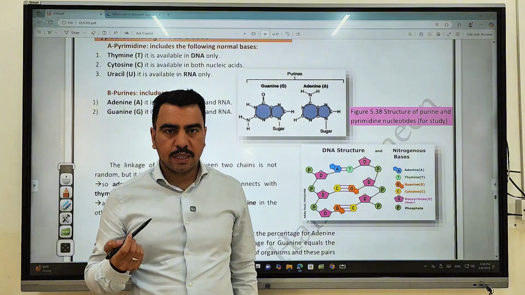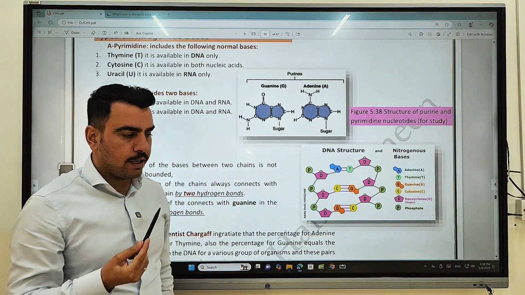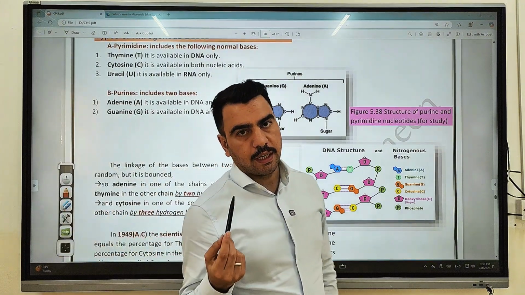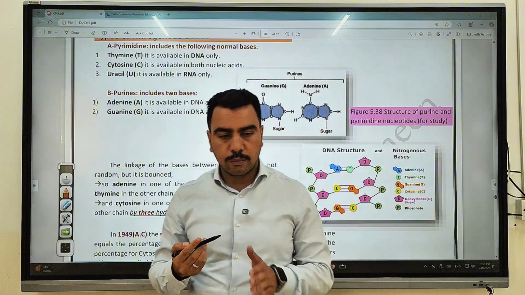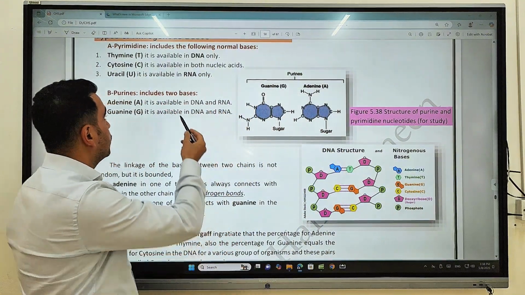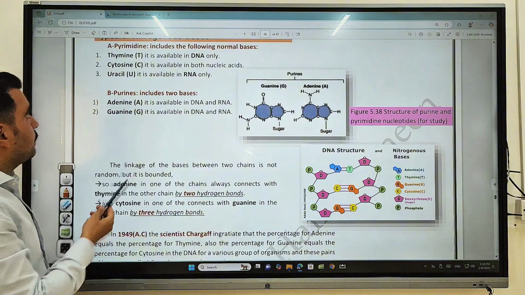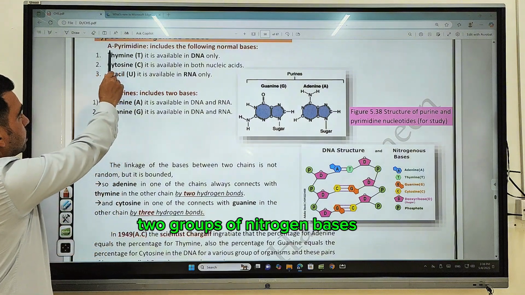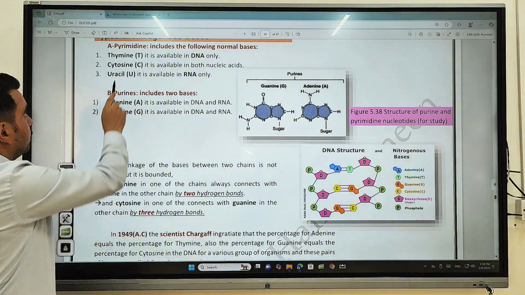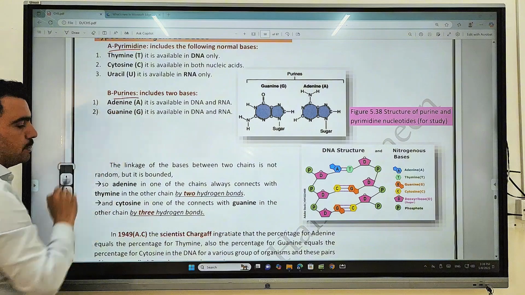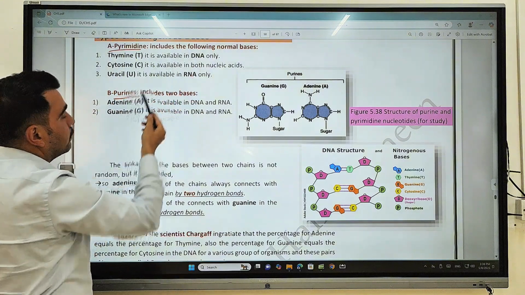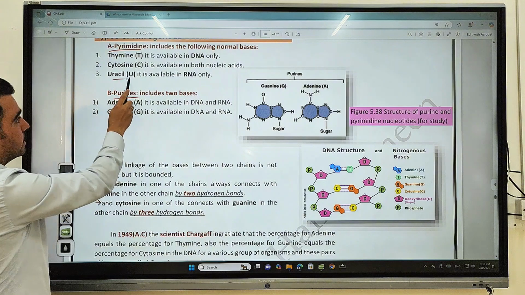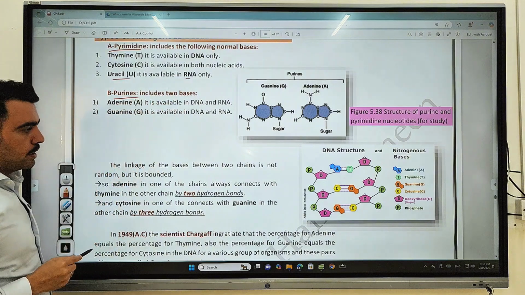In the previous lesson we explained the structure of DNA and studied nucleotides, or you can call them nitrogen bases. We said that normally we have two groups of nitrogen bases: one which we call pyrimidine, and the second group, purine. Thymine can be found only inside DNA and uracil can be found inside RNA.